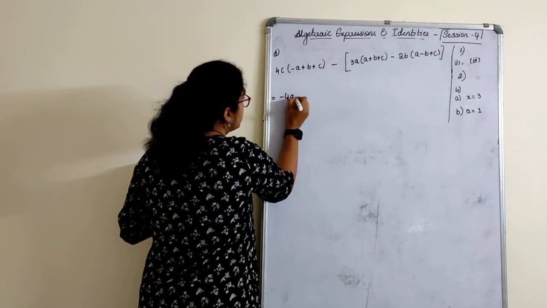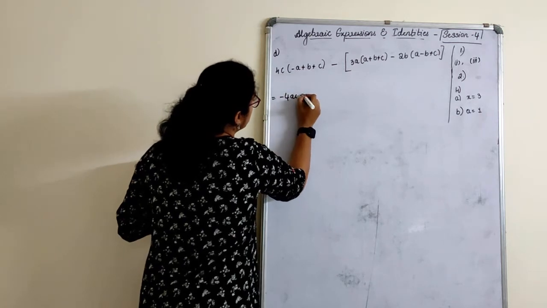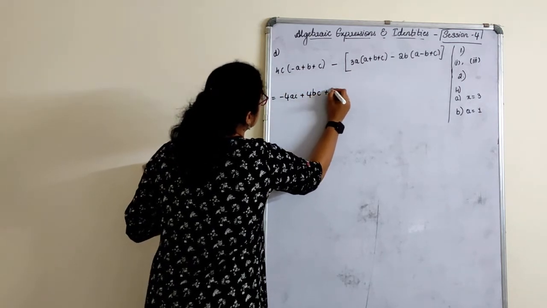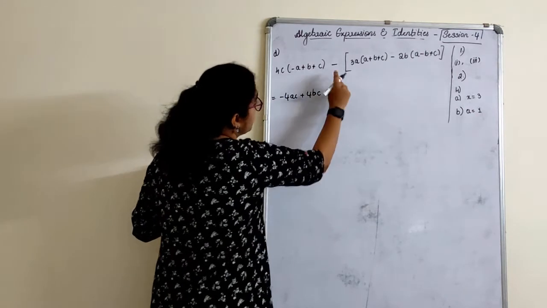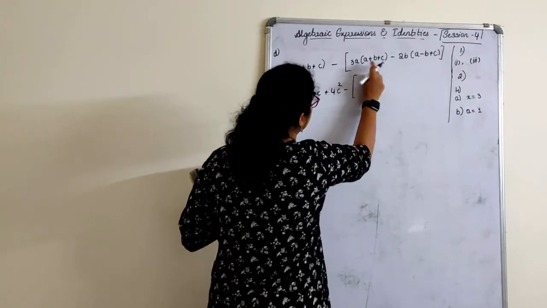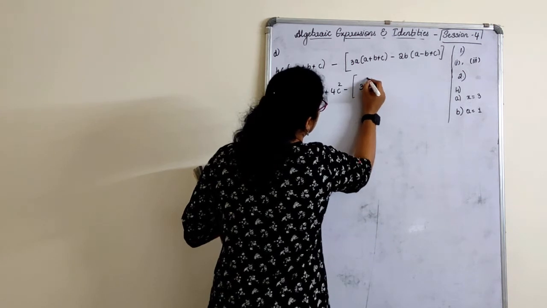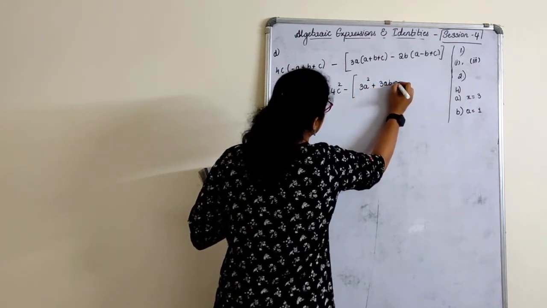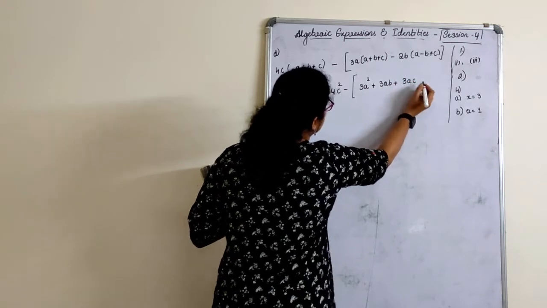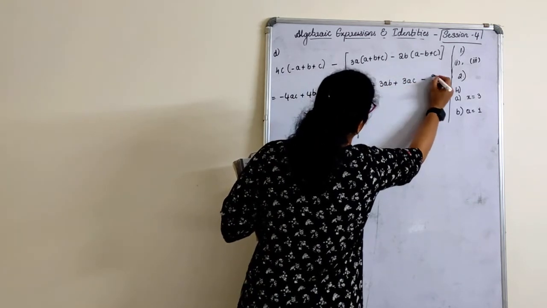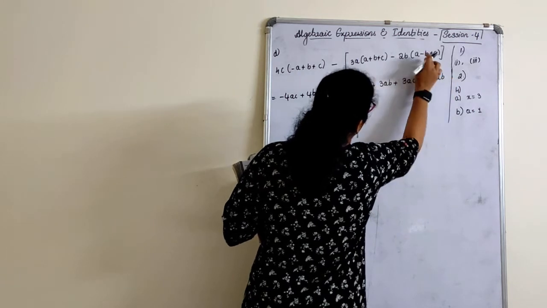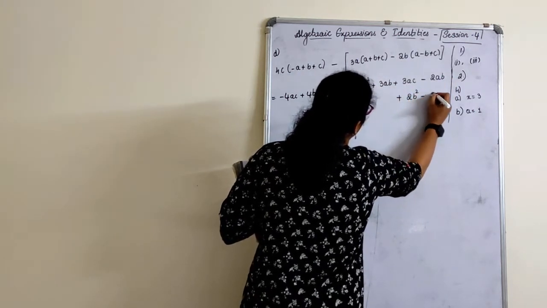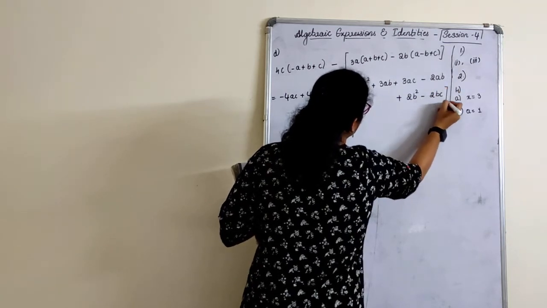Minus 4AC, minus is there here, plus 4BC plus 4C square. Keep minus as it is. 3A square plus 3AB plus 3AC minus 2AB minus plus 2B square minus 2BC.